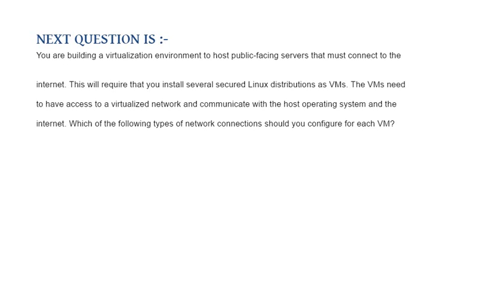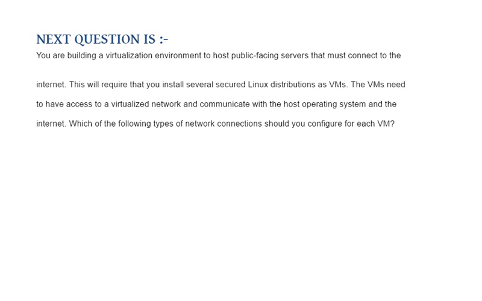Next question is, you are building a virtualization environment to host public-facing servers that must connect to the internet. This will require that you install several secured Linux distributions as VMs. The VMs need to have access to a virtualized network and communicate with the host operating system and the internet.